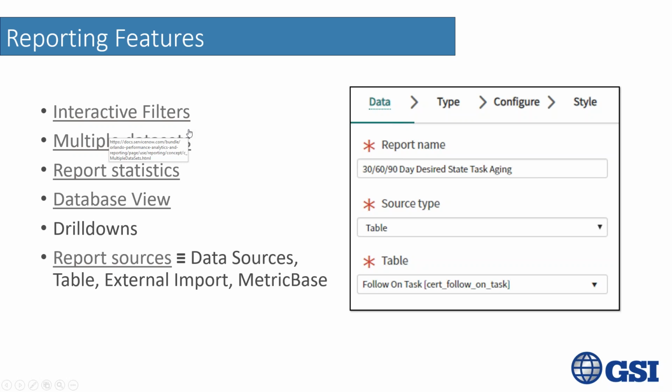So what that does is allow you to toggle the report without having to create X number of reports for the different users that would consume the data depending on their role. You can also use multiple data sets.